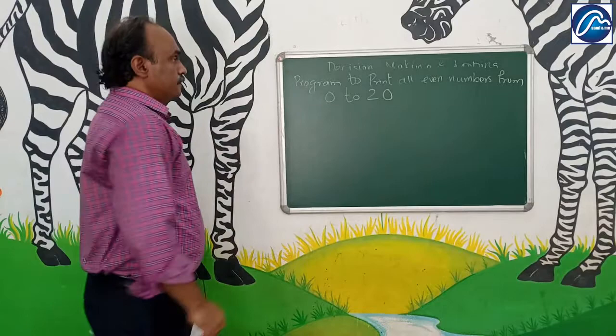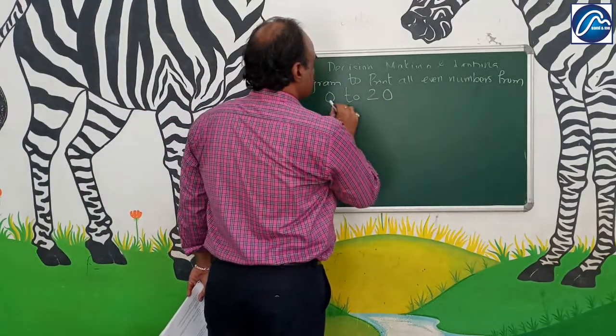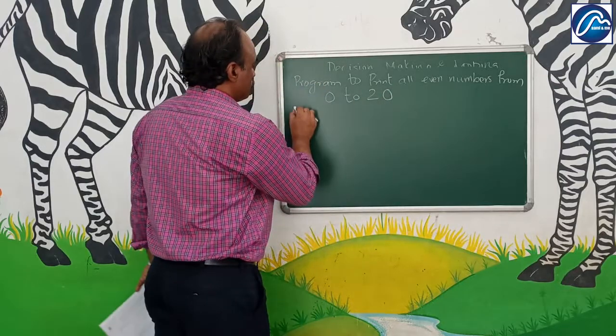See, this is a simple program to print all even numbers from 0 to 20 using do while loop.